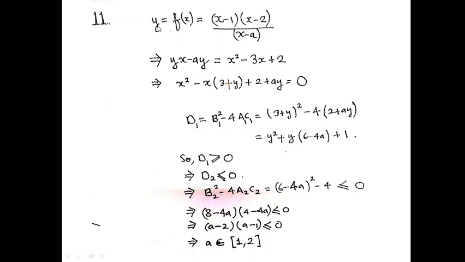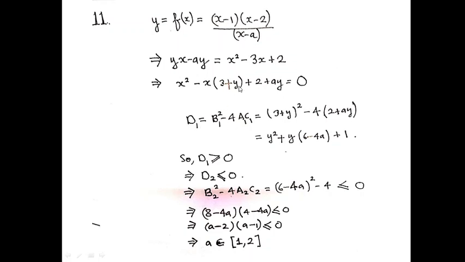So cross multiplying, first of all, yx - ay = x² - 3x + 2, and this we get a quadratic in x. Now for x to be real, you must have that the discriminant of this equation, that is D1, should be positive.